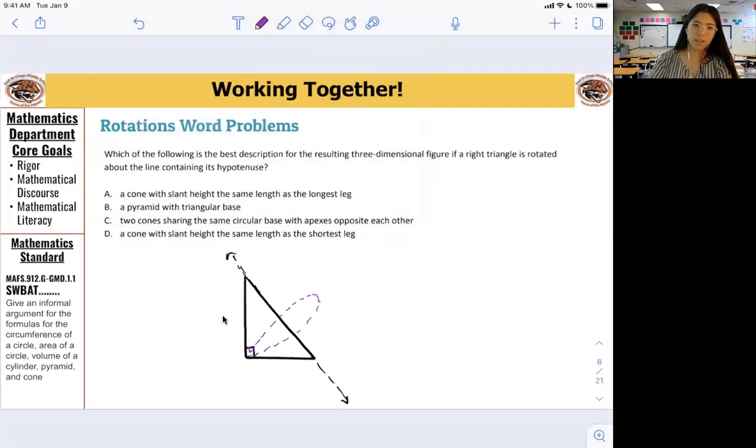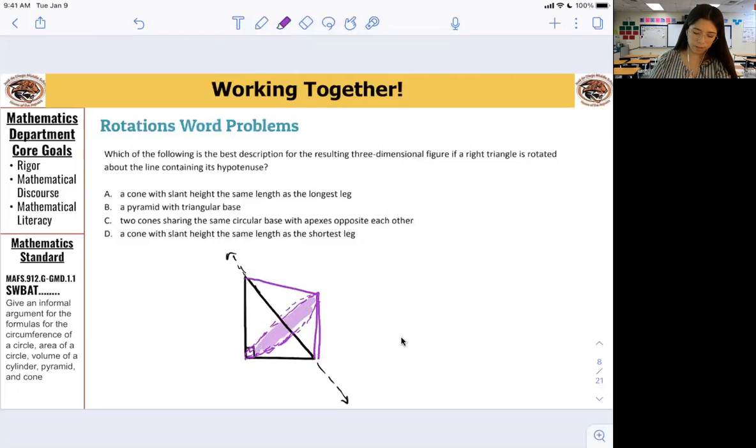So it goes this way. And so what happens is you end up with this type of shape, kind of like the one we saw before, the one that looks like a top. But what you really have is two cones. You have one up here, and then you have one facing the opposite direction.